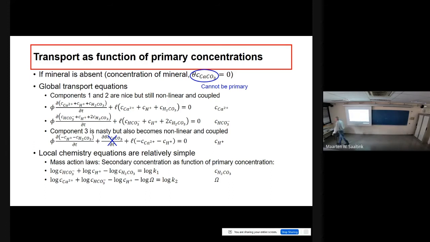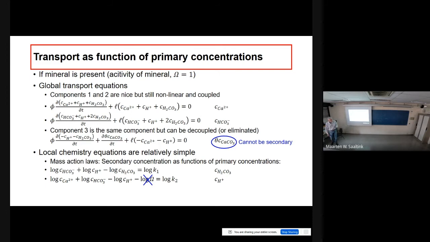Okay, so that is if there is no mineral. If there is a mineral, it's a little bit different. The activity of the mineral I already know, it's 1. And I don't have to put this log omega here, because omega is 1, log omega is 0. So take it away.